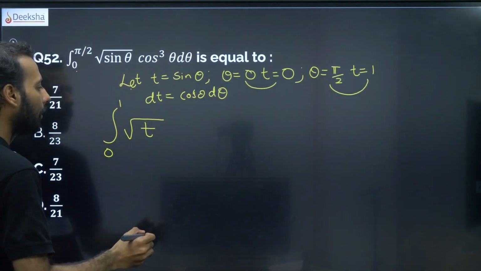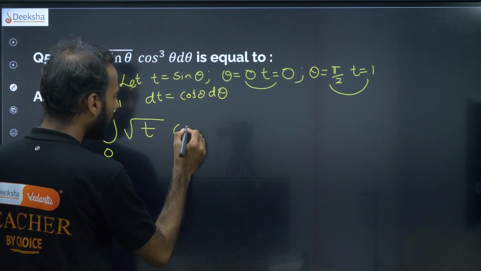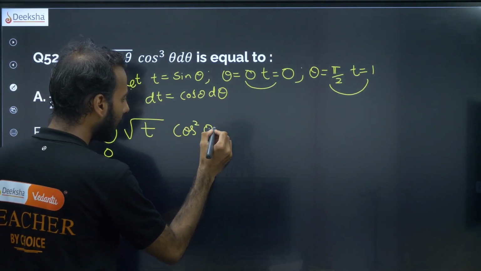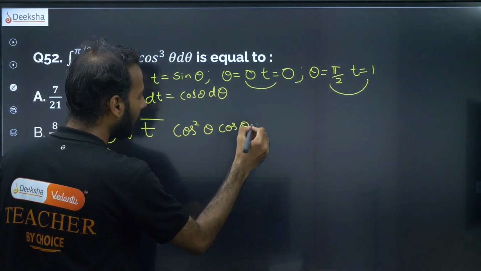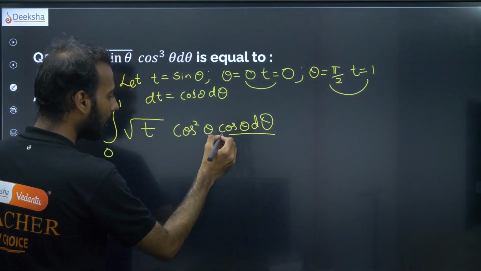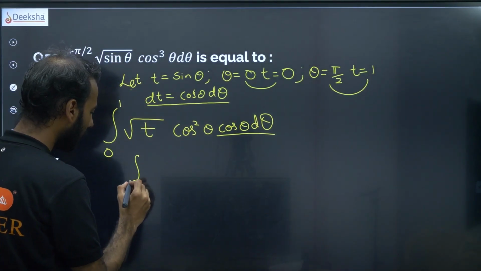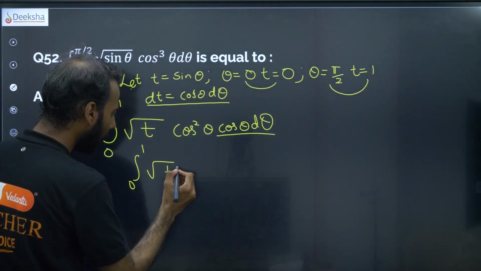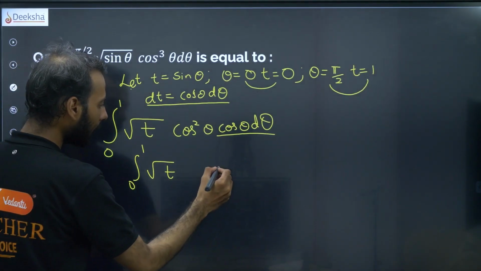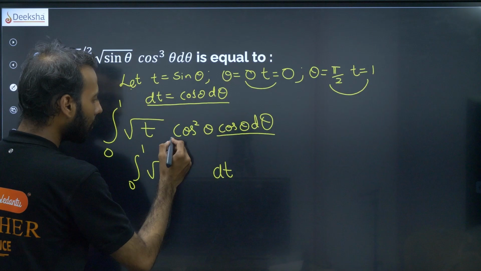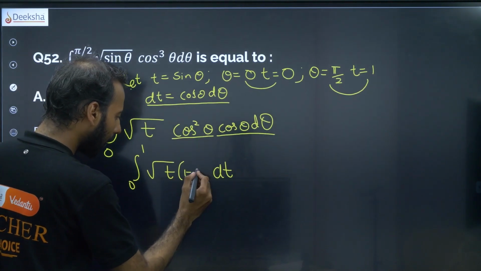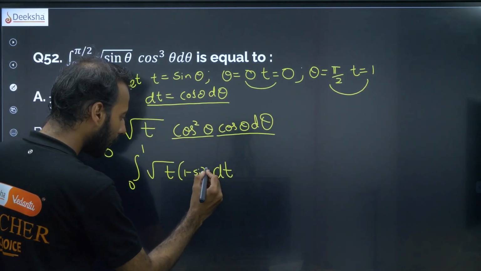Cos cube theta d theta, for that I will write cos square theta cos theta d theta. For cos theta d theta I am already having dt. So 0 to 1 root t dt. Now this cos square theta I will write 1 minus sin square theta.